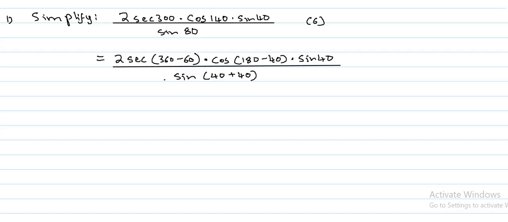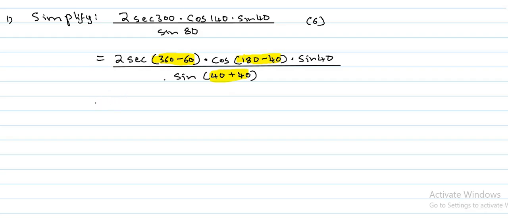Looking at our simplified expression, we have 360 minus. Every time you see 360 plus or minus, use the reduction formula and check the quadrant. Likewise 180 plus or minus, reduction formula. 40 plus 40, compound angles.